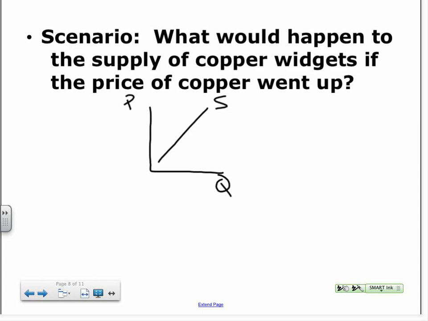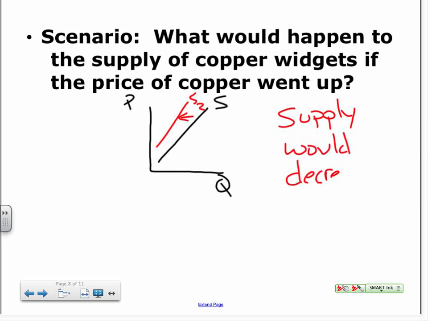It costs more to produce the widgets, which means you can't make as much profit, which means that the supply would decrease, which of course looks like this, a leftward shift. So your answer to the question is supply would decrease. Those are the words. And then over on our graph, we gave our answer with a graph showing that supply would decrease.